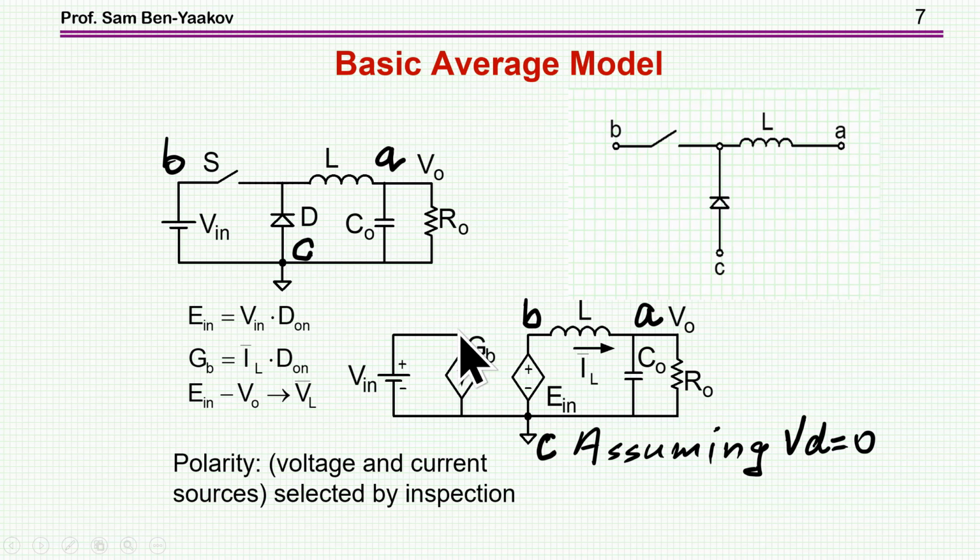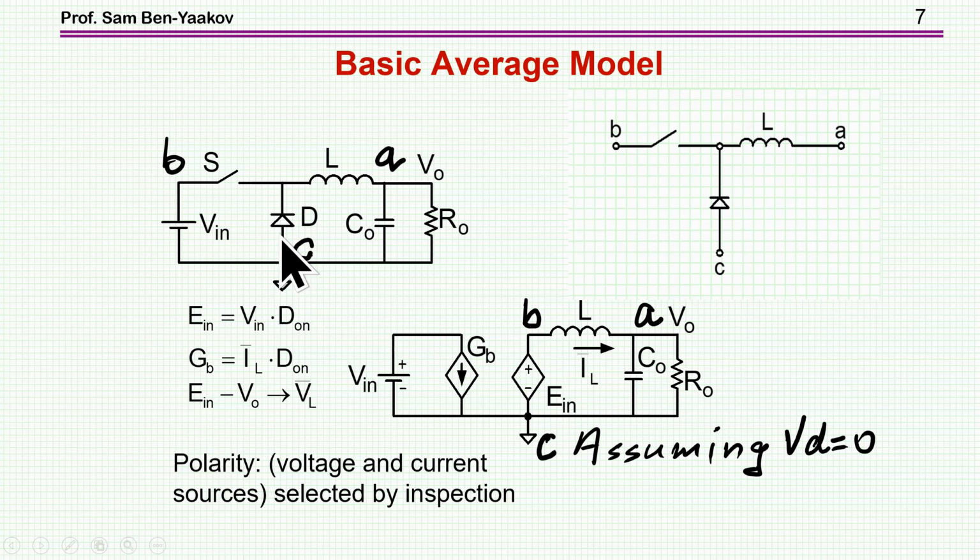Just as an illustration first, if I have a buck converter, here's the inductor, here are the 2 switches. And in order to do the simulation, or first of all, the conversion to a behavioral average model, what I do, I first of all put here a dependent source which represents the average voltage here.